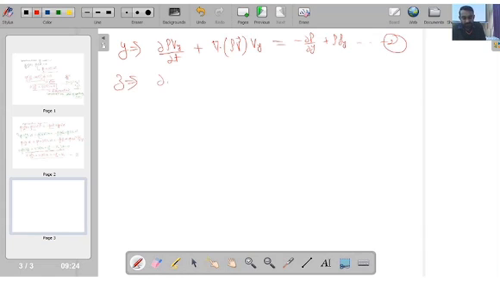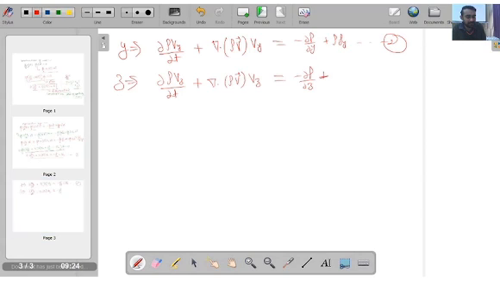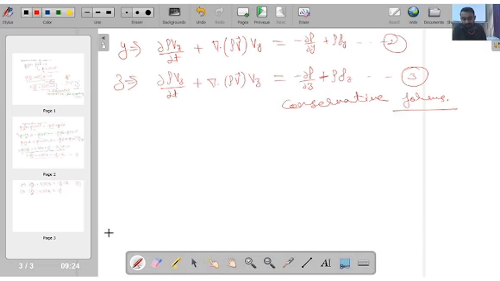Then the z momentum equation will become del rho vz by del t plus divergence of rho v vector into vz equal to minus del p by del z plus rho fz. So this is the differential form, and these particular forms are nothing but the conservative forms of the momentum equations. So these are called conservative forms of the momentum equation.